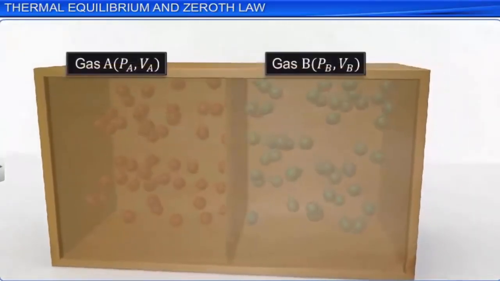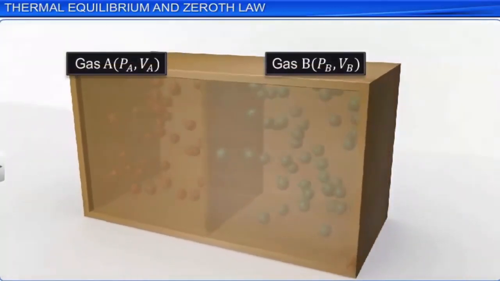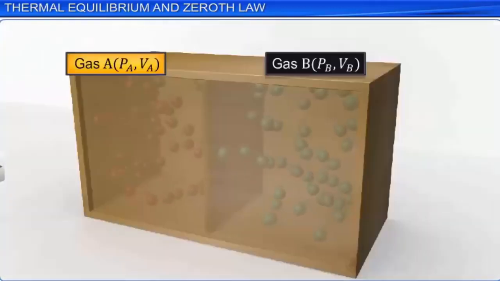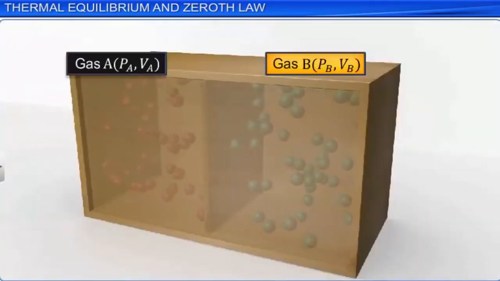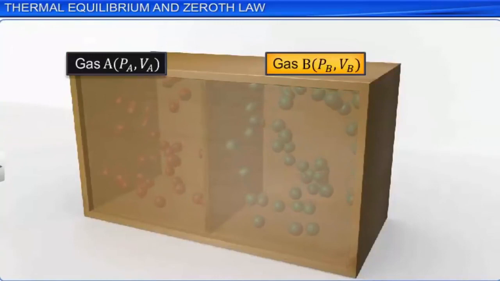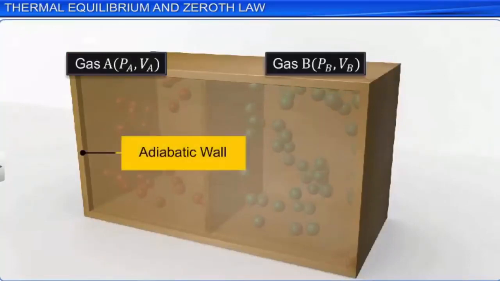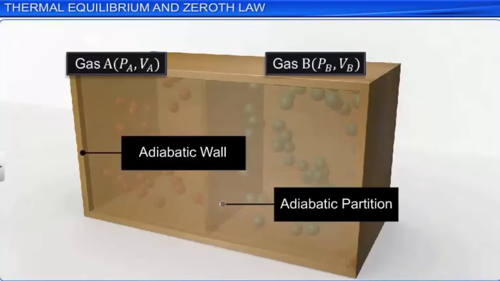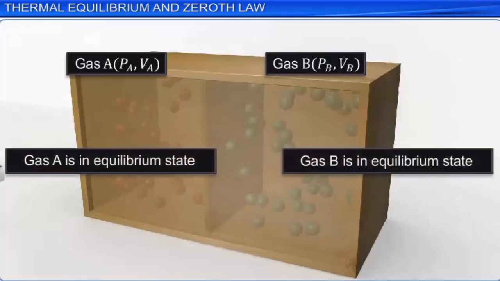Let the initial state of the gas in container A be PA, VA, and that of the gas in container B be PB, VB, and the walls of the container and the partition between the chambers are adiabatic. As time passes, since the walls and the partition between the chambers are adiabatic, there will be no change in any of the macroscopic variables of either gas A or gas B.